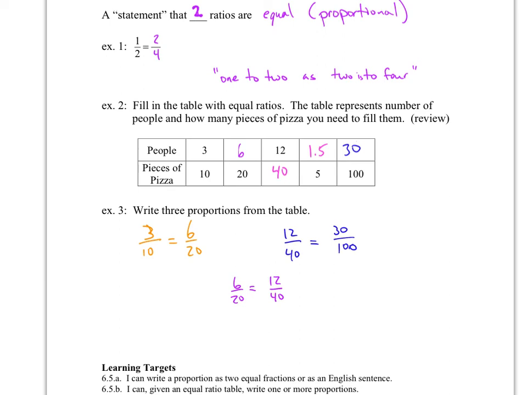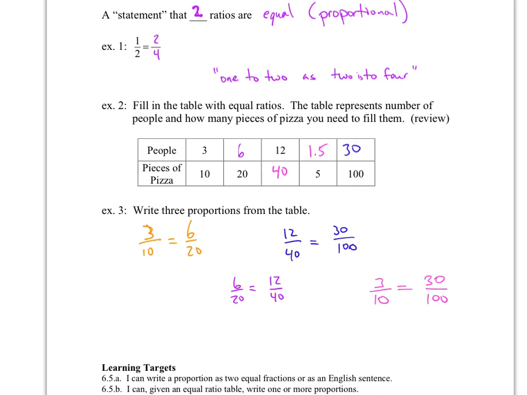Where'd you get the 5 and the 15 from? You got to get them from our chart. Oh, were you looking at the 1.5 and the 5? Okay. So you got to pick one of these columns. 3, 10, 5, and then 30 over 100. Okay, so that is what we call writing proportions.